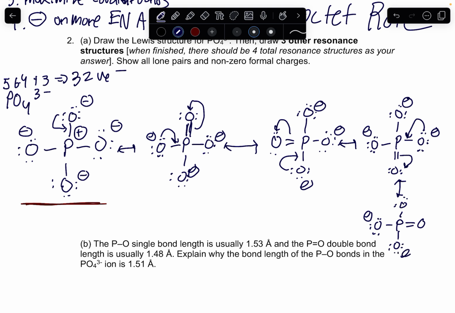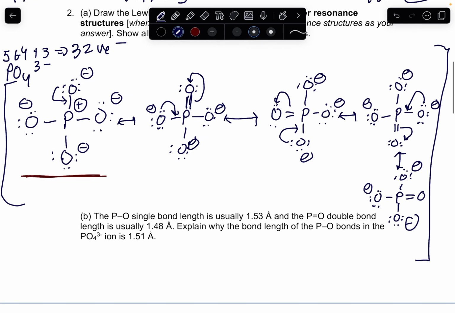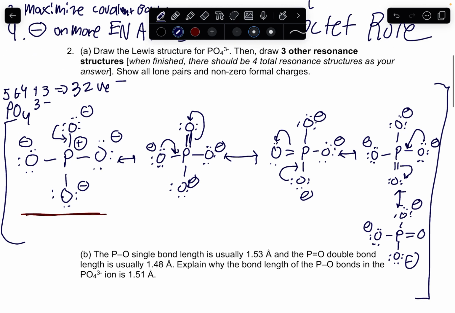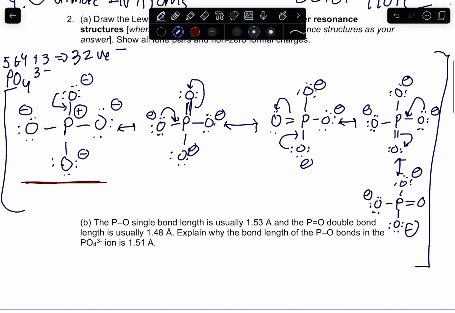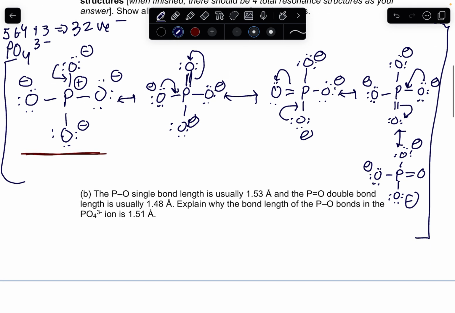And this ends up giving us all of the possible resonance structures for phosphate. I'll go ahead and draw brackets around them, because we draw brackets to imply that the real structure of phosphate is a mixture of all of these different contributing resonance structures. So we can draw it like this.